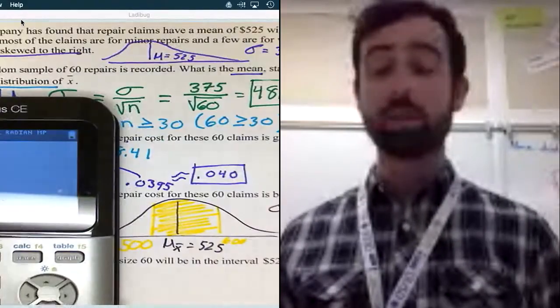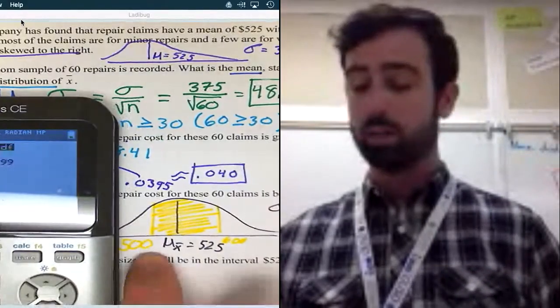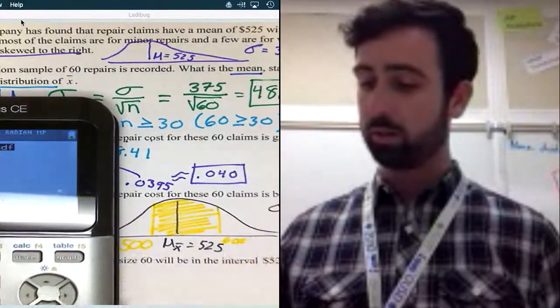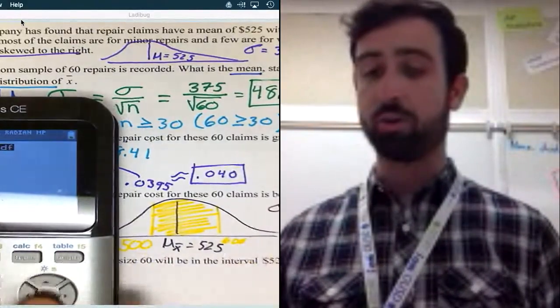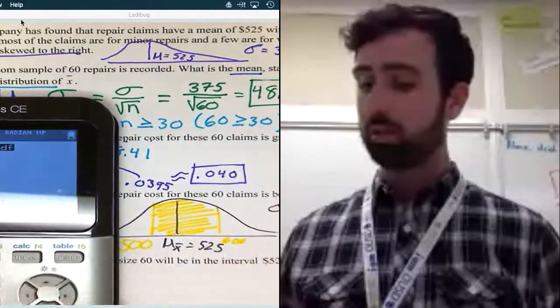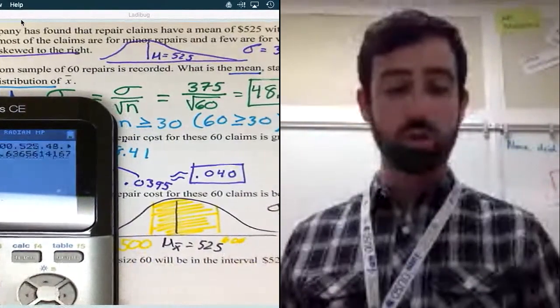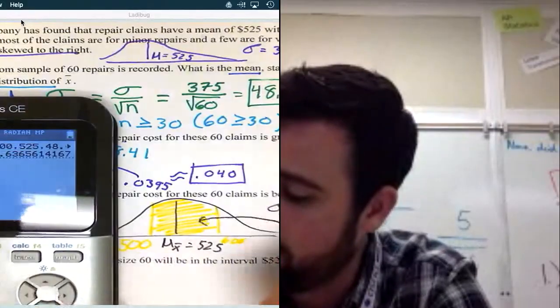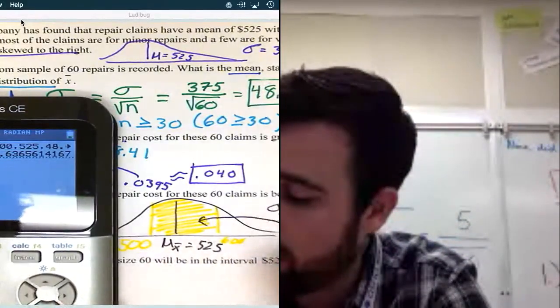The lower bound here is going to be 500. The upper bound here is going to be 600. Average is the same. Standard deviation is also the same. Hit paste, enter. So we found that the area inside is 0.637.